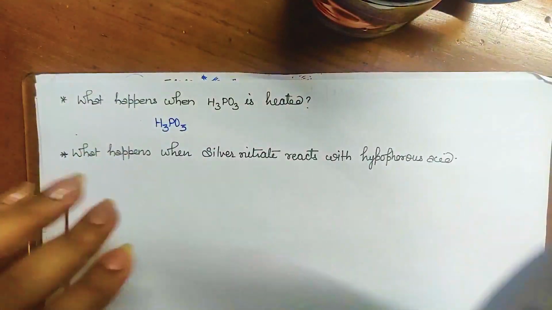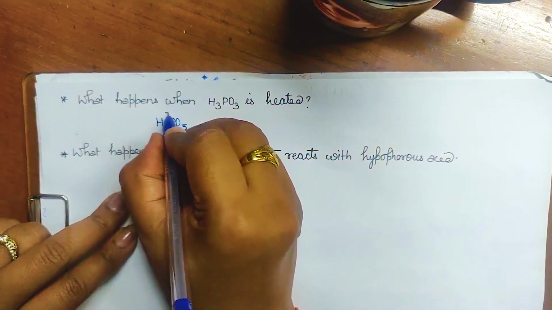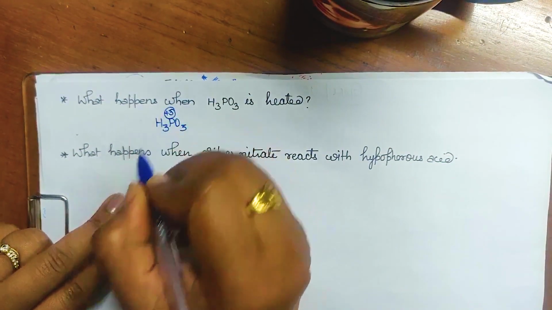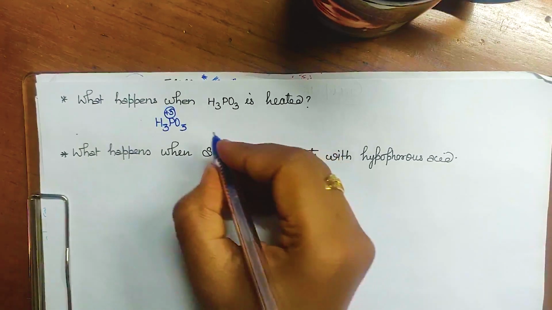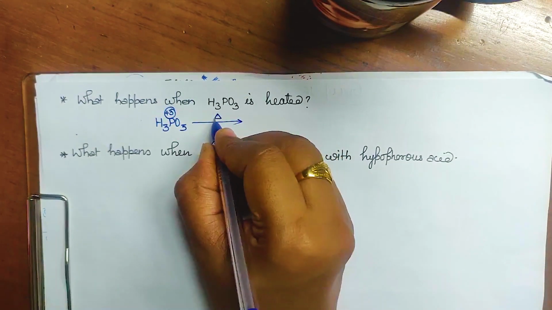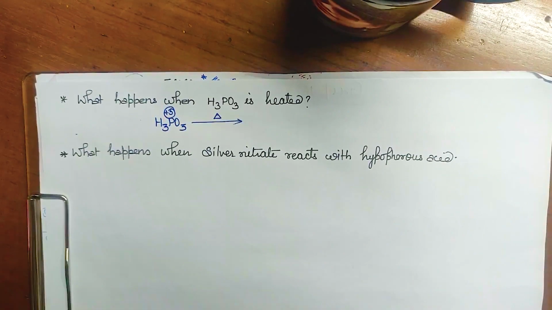Here, H3PO3 is in the +3 state, so it has a chance to oxidize as well as reduce. When it is heated, it will give both the oxidized and the reduced product.